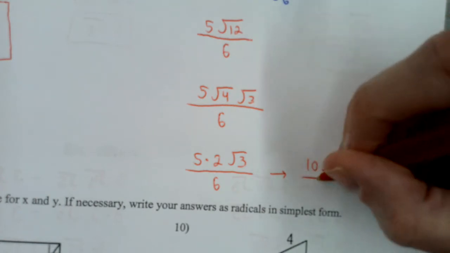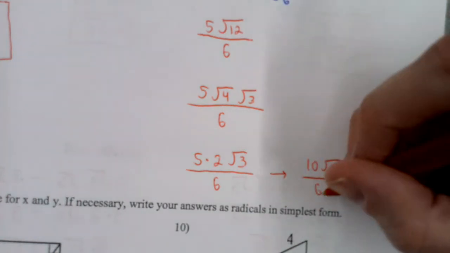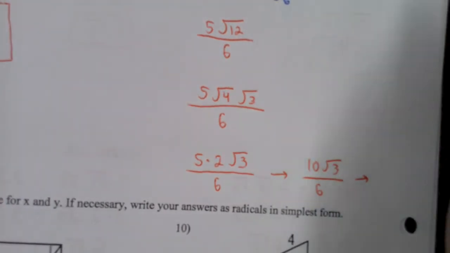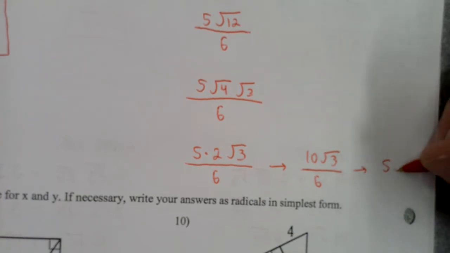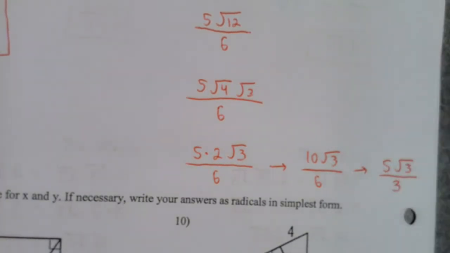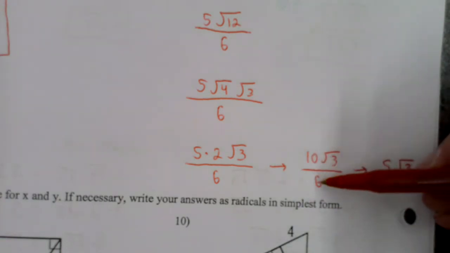And now you can actually simplify this a little bit more because you have a fraction, 10 over 6. You can simplify that to 5 over 3. So 5 square root of 3 over 3. So if you can simplify these two numbers, you would simplify them. Okay? You leave the square root of 3 alone.